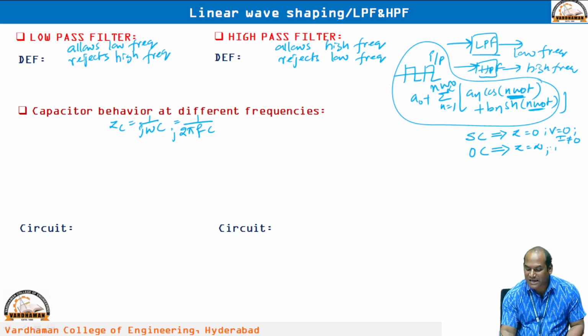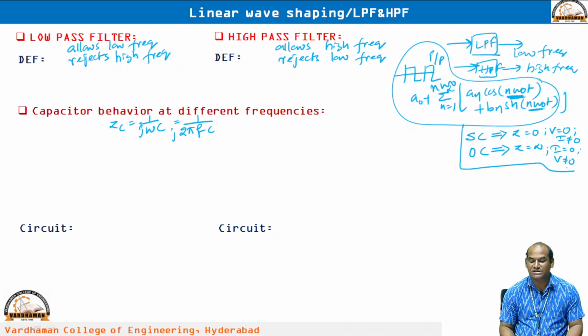Open circuit means current is 0, but voltage is existing. In short circuit, impedance is 0 and voltage is 0. In open circuit, impedance is infinity and current is 0. These are the basics you should remember. We are going to use these basics several times in our subject.